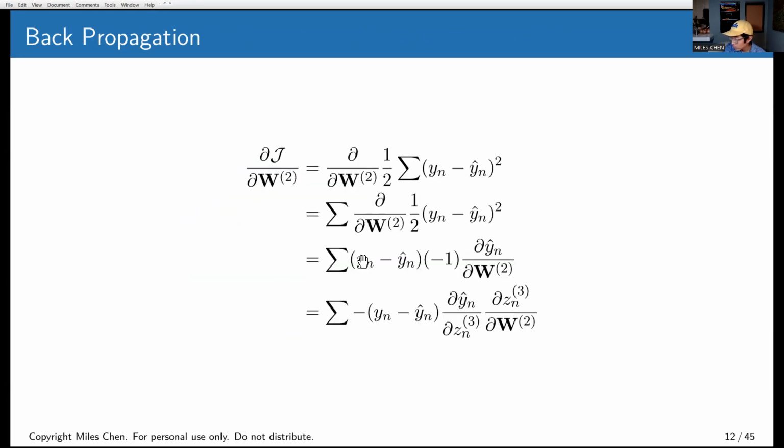So we ask, how does y hat change with respect to Zn3, and how does Zn3 change with respect to W2? Does that make sense there?